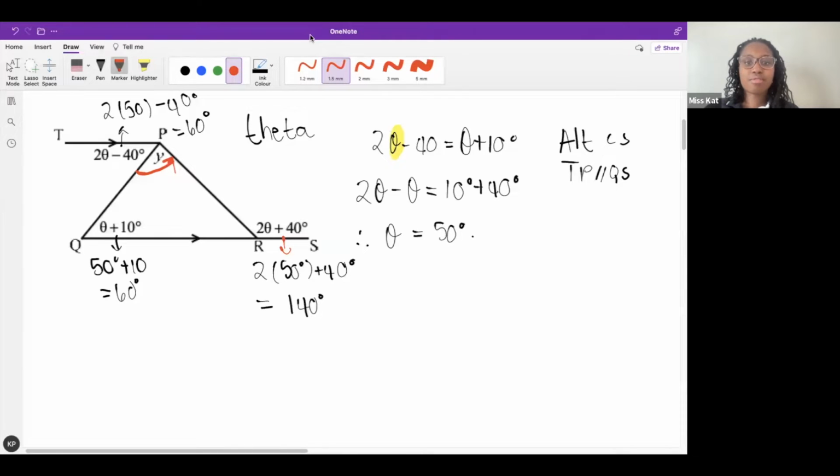It's from solving for theta. Do you see here we said theta is 50 degrees? So then I substituted. Wherever I saw a theta, I substituted the value we got, because we've solved for theta. We know it's 50 degrees. Okay, ma'am. Thanks. You're welcome.